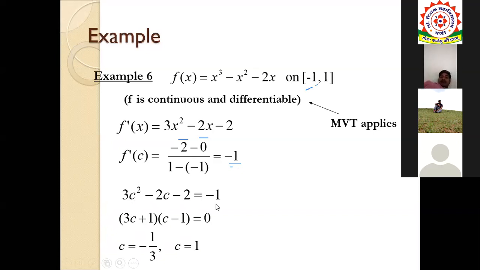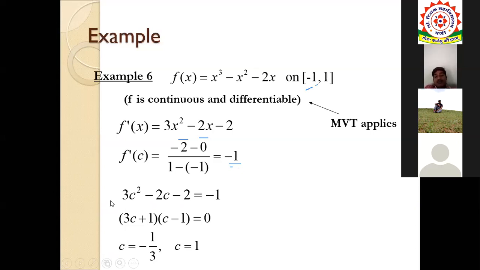Clear? Simply take minus 1 to this side, it becomes plus 1, so minus 1. So 3c square minus 2c minus 1. Find the factors, we get 3c plus 1 and c minus 1 equal to 0. So we get a root c equal to minus 1 by 3 and c is equal to 1.